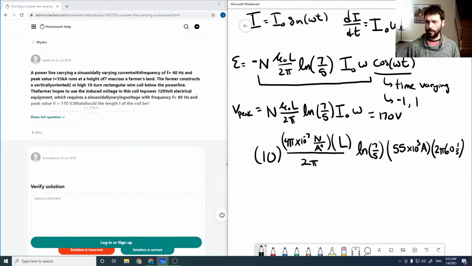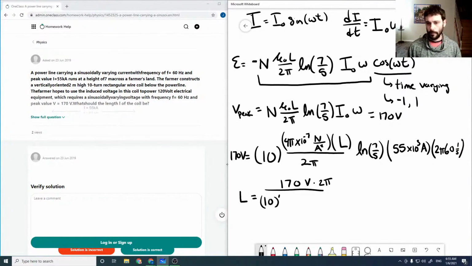And now we can rearrange this for L. And so this all equals our 170 volts. So we can rearrange this for L and say that L is 170 volts, times 2 pi, and then all over the rest of this.